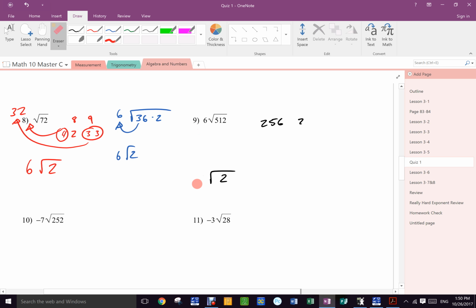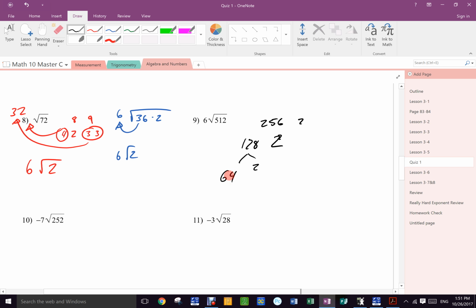Now, let's say you didn't have your square roots memorized. Then you would just keep breaking this down, wouldn't you? Right? You'd use 2 again, and you'd use 2 again. And 128. And then 2 again and 64.